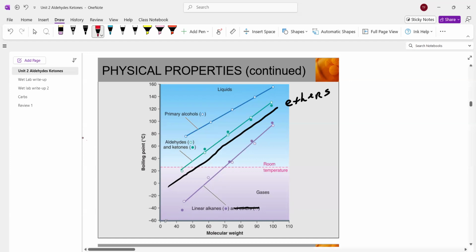But as far as Unit 1 and Unit 2 are concerned, primary alcohols are the most polar. Then aldehydes and ketones fall in between, and they're kind of the same, basically. Ethers are going to be similar to aldehydes and ketones, a little less polar. And then, of course, the alkanes are down here and alkenes also.